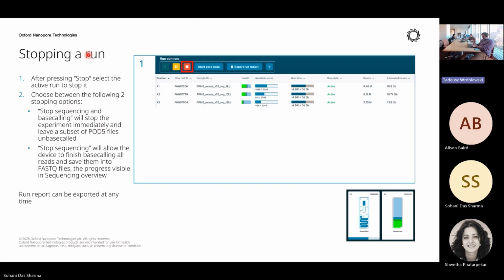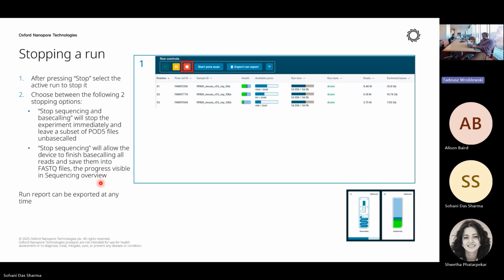Yeah, I think stopping a run is an important thing, because if we ever want to stop the run, there is a button. You can stop the run, and then it asks you whether you want to stop sequencing and base calling or only stop sequencing. If you choose to stop sequencing, then the device will finish base calling and it will generate the FASTQ, because there are two things you saw: one is estimated and another is whether base calling is already done.